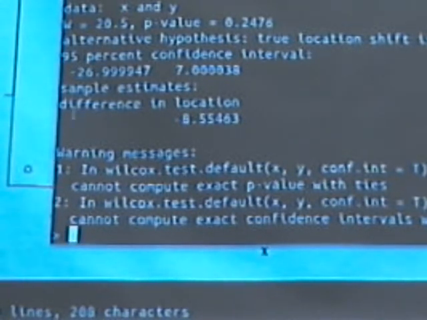See how wide the confidence interval is. Even the effect is a bit negative. And the p-value is 25%.